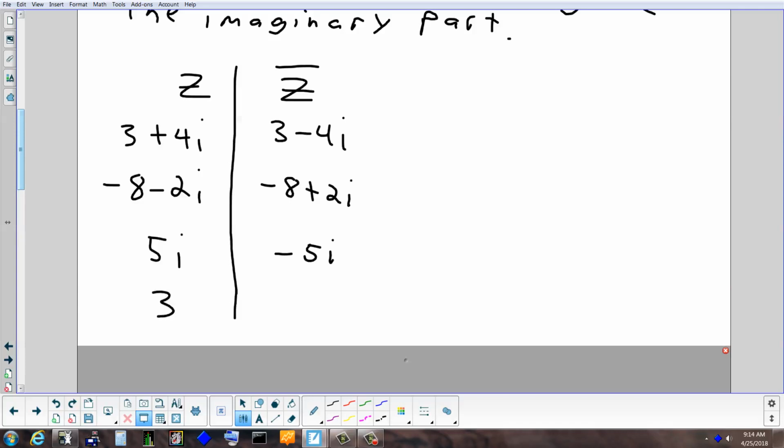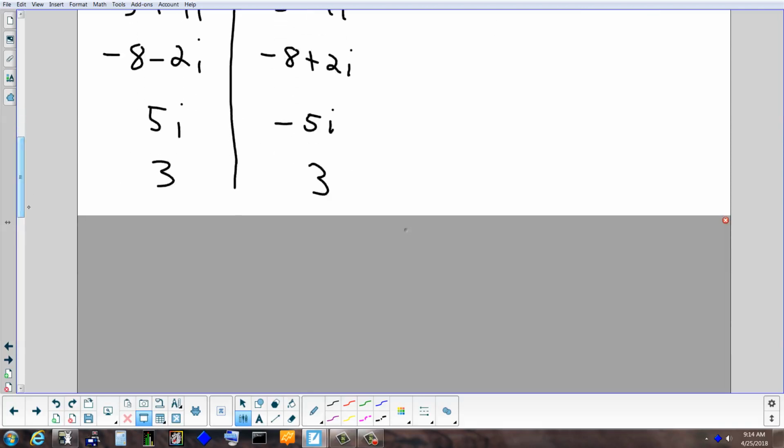The conjugate of 3. Yeah. 3. And if you're like, huh, why did it stay the same? Well, think of the one on the left as 3 plus 0i. The one on the right is 3 minus 0i. Whether you add 0 or subtract 0, it doesn't change anything. That's why we don't. Okay, so any questions on finding conjugates?